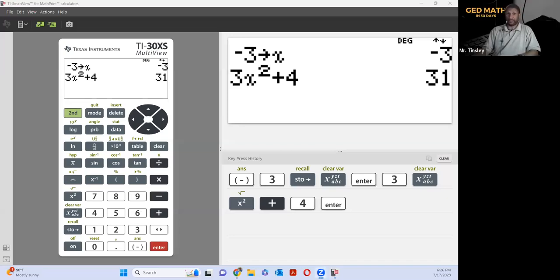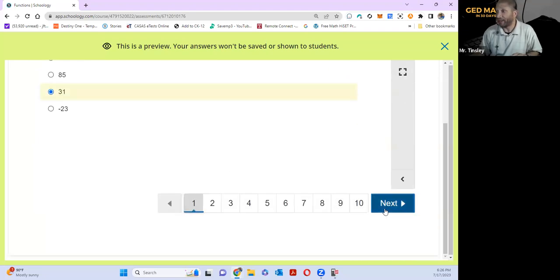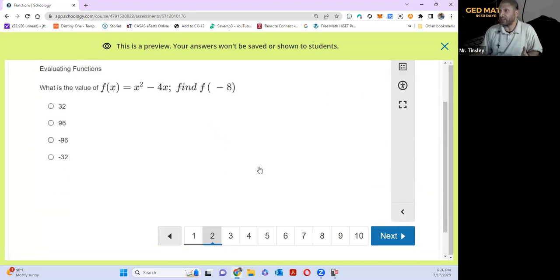If you have to evaluate a function on the GED exam and you know how to use this calculator, and you're going to have that for 2 to 3 problems. If you don't take the time to make sure you got that skill down, I don't know what to tell you.